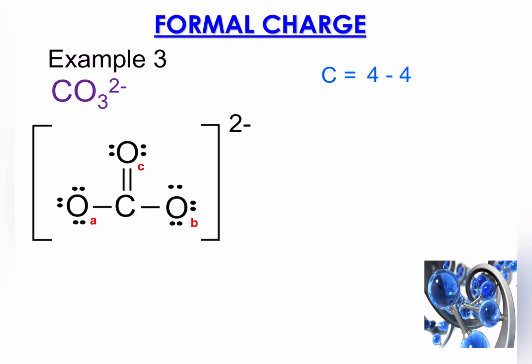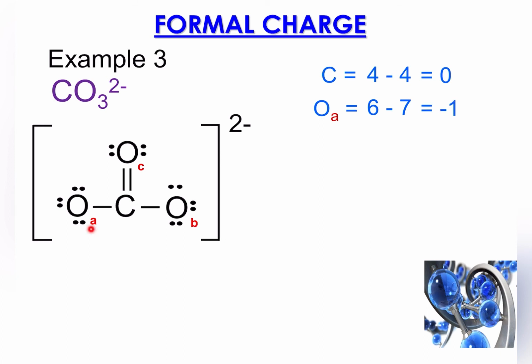So 4 minus 4 equals to 0. Same case for oxygen A. On our left side, saya ada OA di mana O mempunyai 6 valence electron and then dia akan minus dengan 1 dan kita ada 6 dots. Totalnya adalah 7. So 6 minus 7 equals to negative 1.